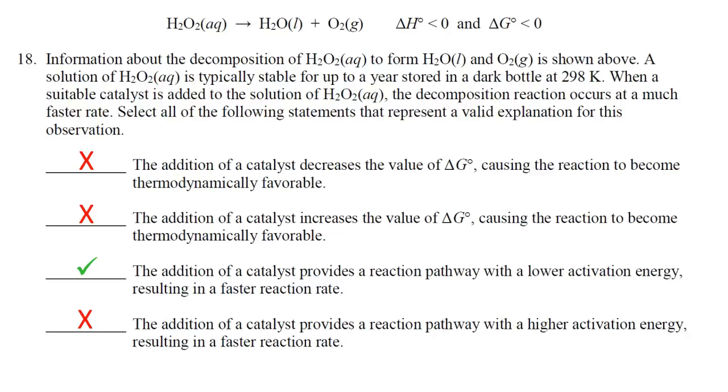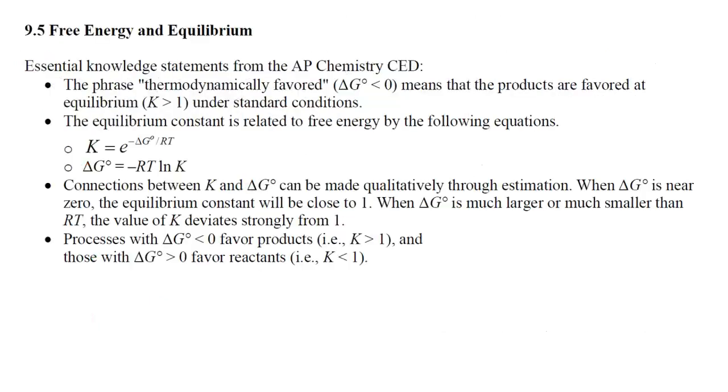So now it is time to move on to our next topic in this packet. This is topic 9.5, free energy and equilibrium. Here are some essential knowledge statements from the AP Chemistry course and exam description.